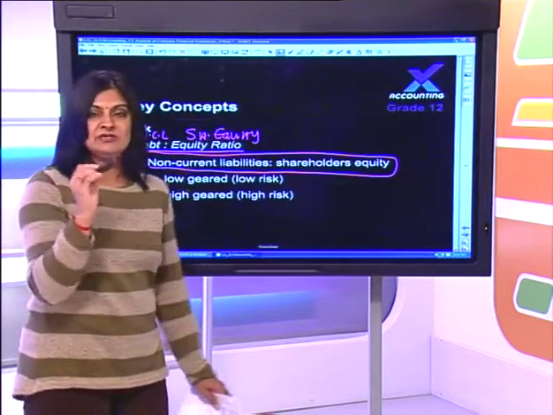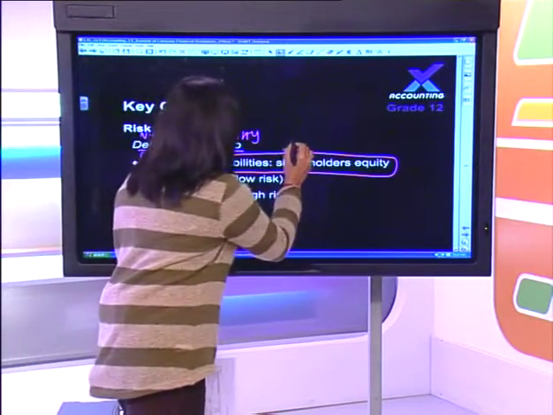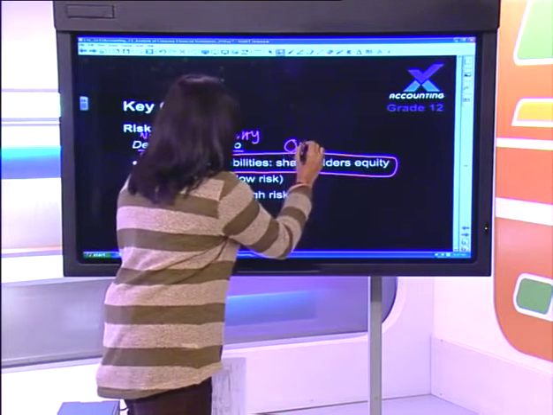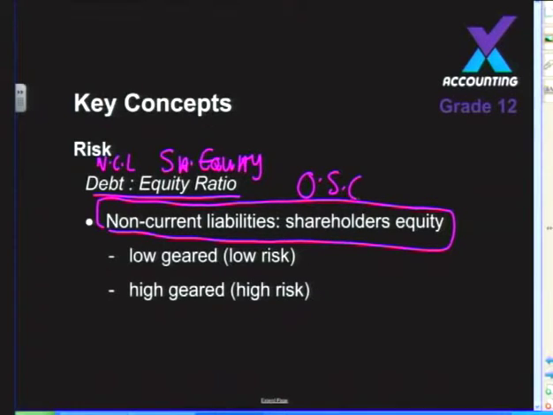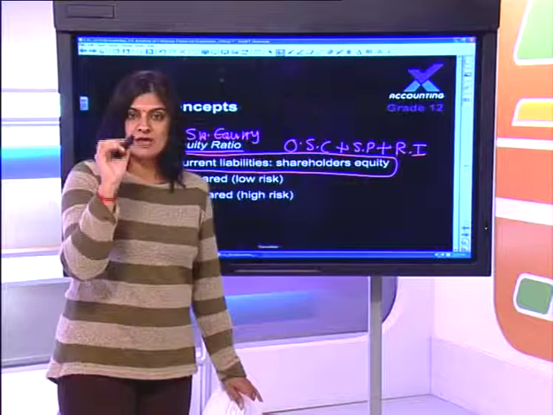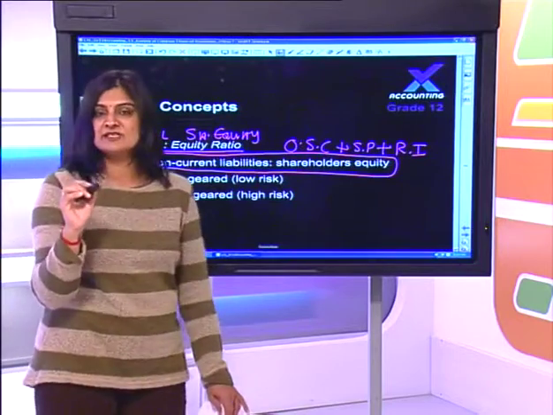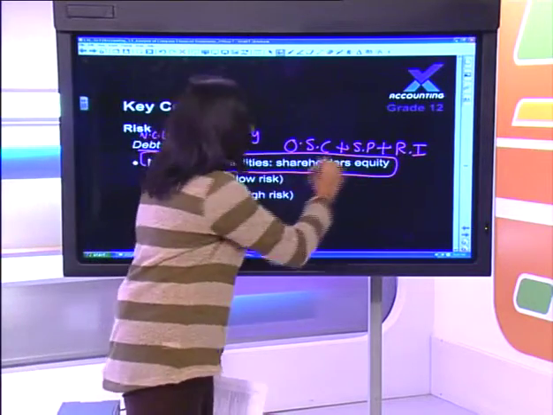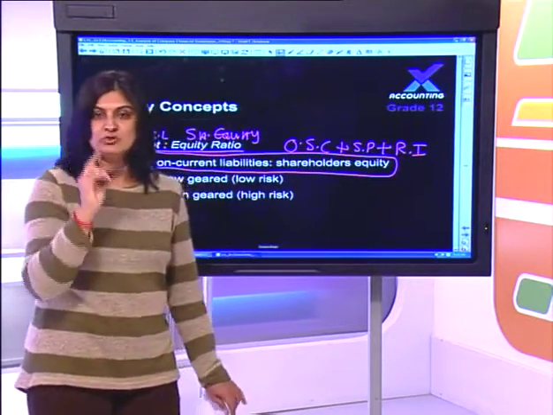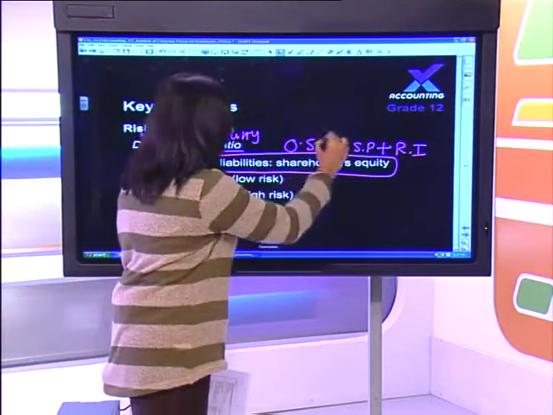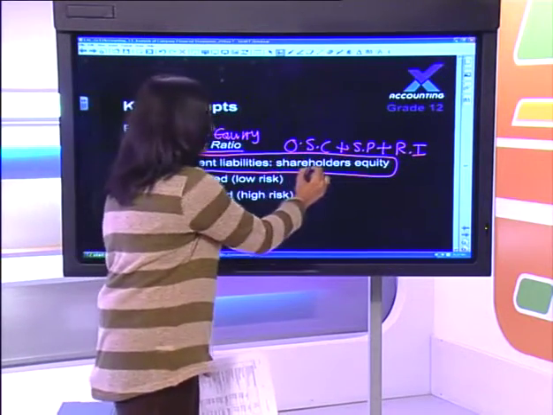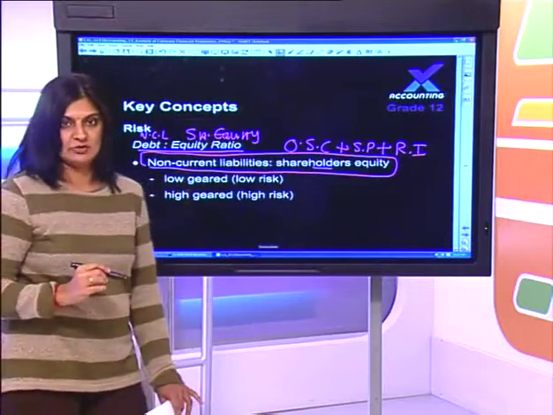Shareholders' equity, please remember, refers to 3 components: ordinary share capital plus share premium plus retained income. Okay, you guys got that? Absolutely important, because sometimes in the exam, they might not give you shareholders' equity, which means you need to remember, I need to add these 3 amounts in order to get my shareholders' equity.